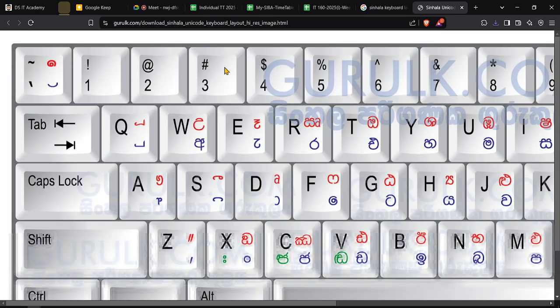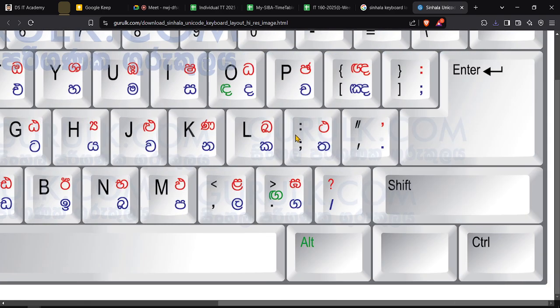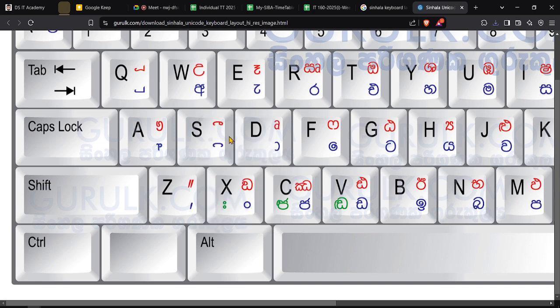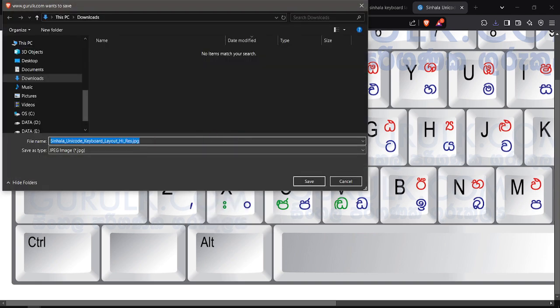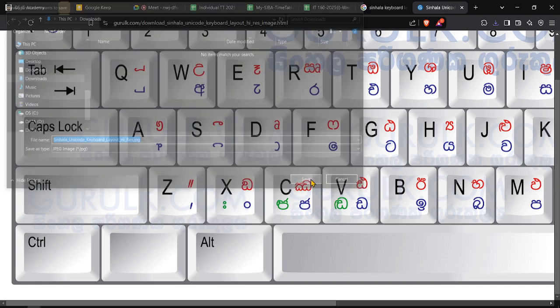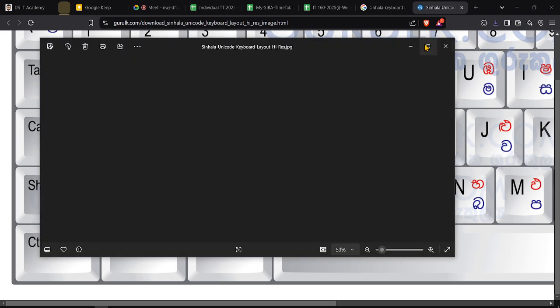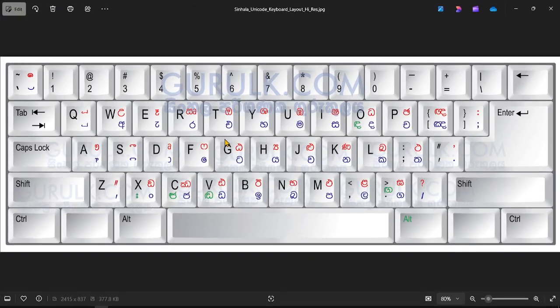Now it is the website itself, and now you can download it. If you now download, it's in good quality. Here now it's good.